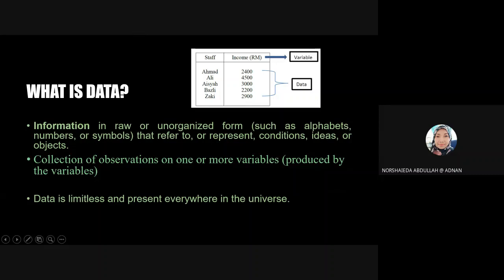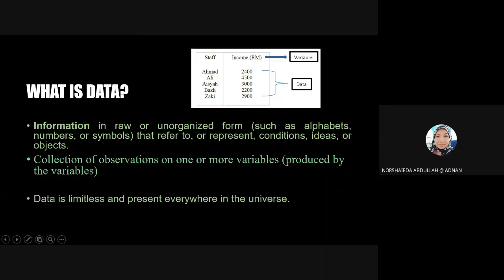So this is an example of variable and data. In this case, we want to study the income, so the variable of interest is the income. To get the data, we get it from the respondents, from 5 staff: Ahmad, Ali, Aisha, Bazli, Zaki.